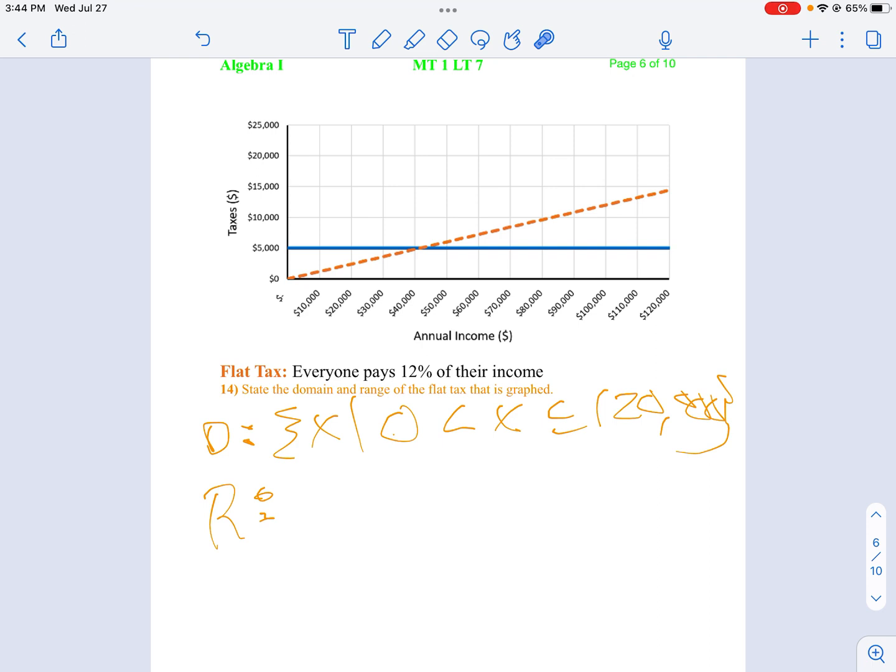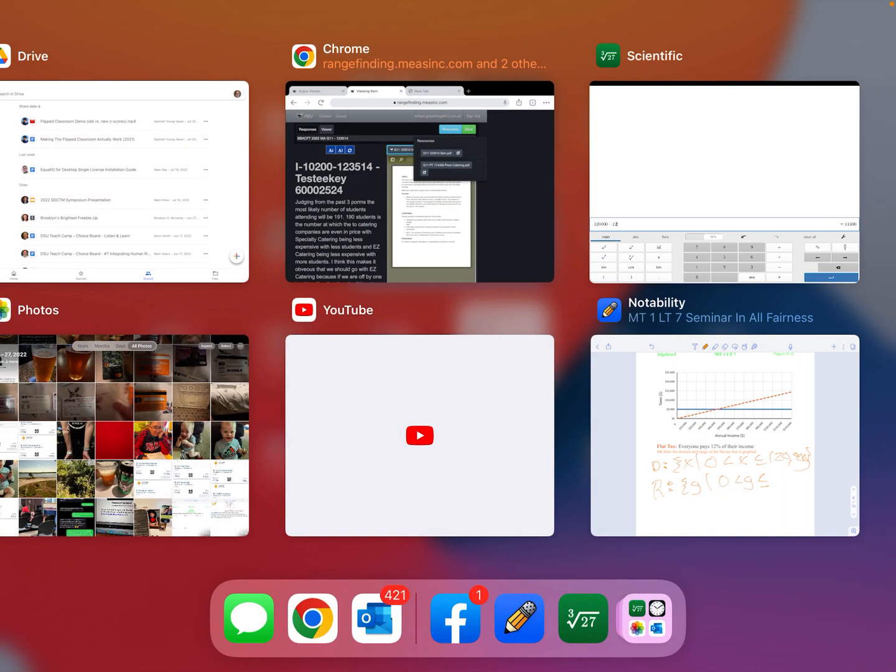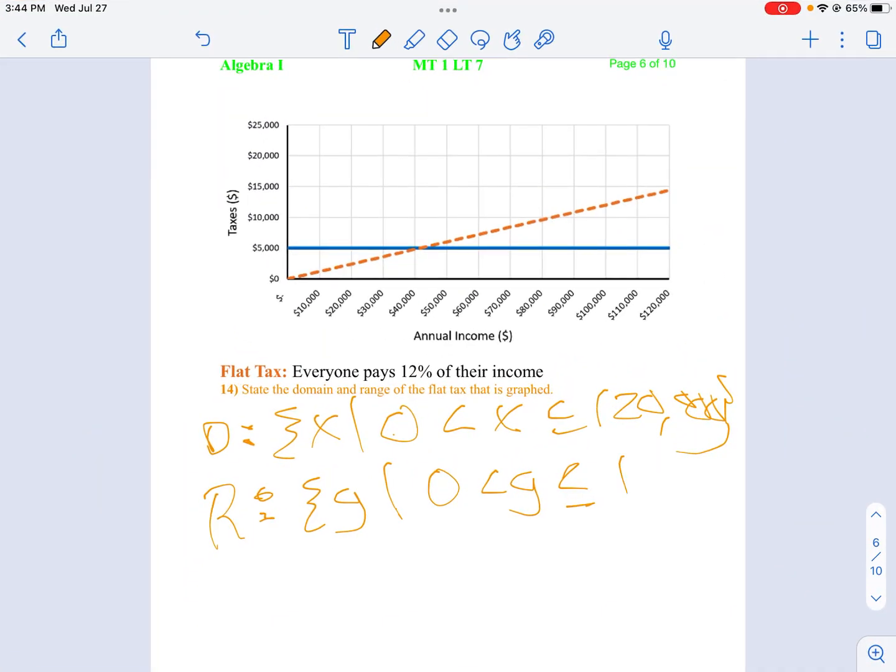So I'm going to go my set of y such that 0, because once again you don't pay anything on 0, is less than y, which is less than or equal to, and what did I say, 12,400? I have terrible memory, so I'm going to go back, 14,400. So it's less than or equal to 14,400.